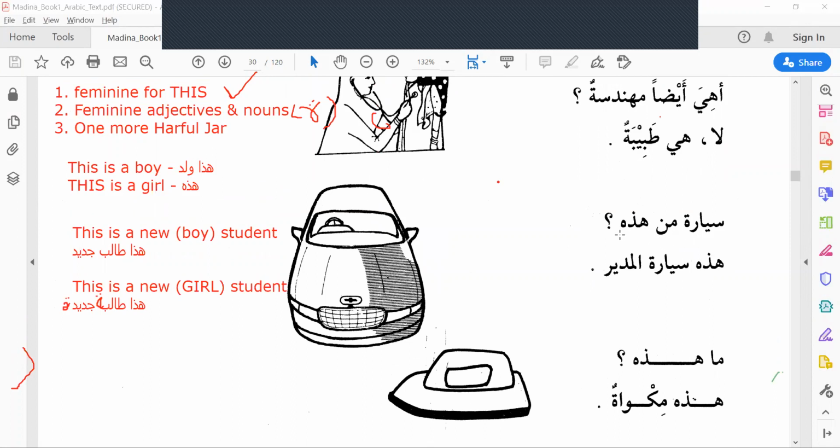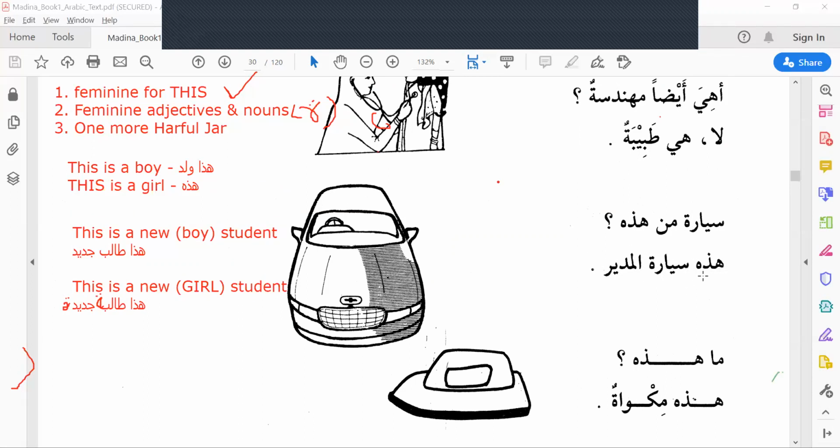Sayyaratu man hadihi? Whose car is this? Hadihi sayyaratul mudiri. This is the principal's car.